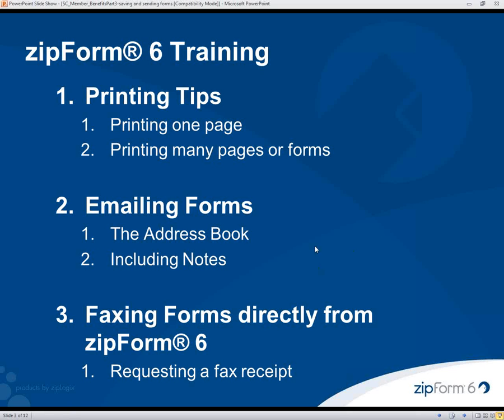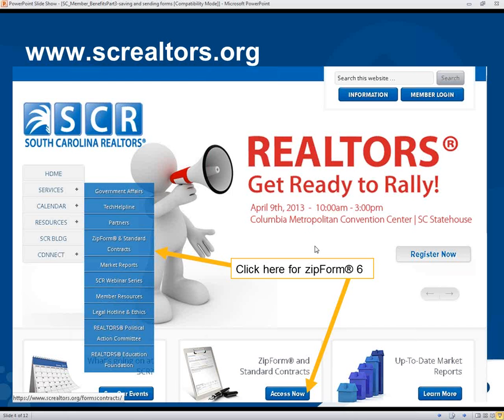Now, in order to do this, I first need to go into zipForm 6. For today's training, I'm going to use zipForm 6 Professional. Now, you can get to that very quickly by visiting screaltors.org. Just click the zipForm and Standard Contracts button or the Access Now button on screaltors.org.